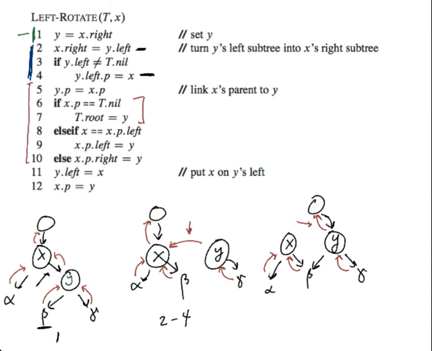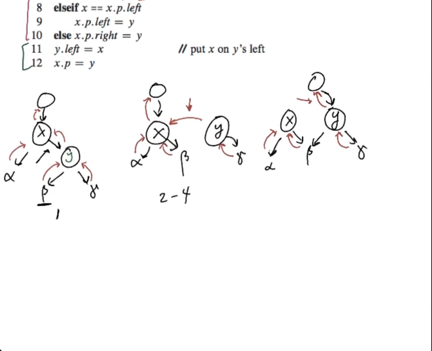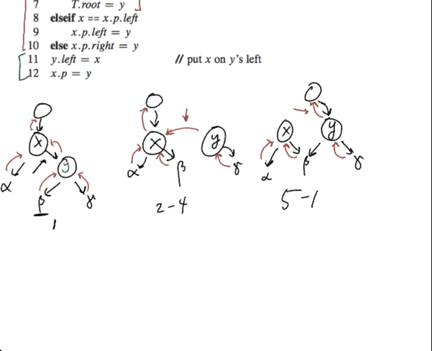Okay, so now in lines 11 through 12, we are going to set y's left to be x. Let's draw a new tree here. So this is lines 5 through 10.